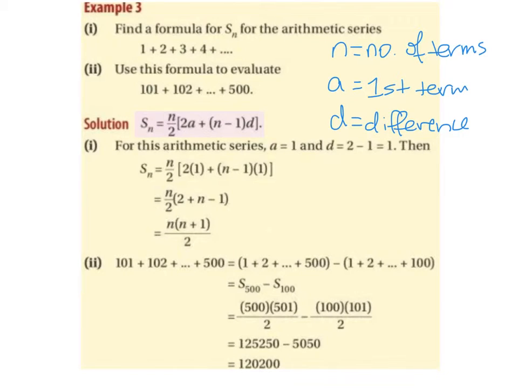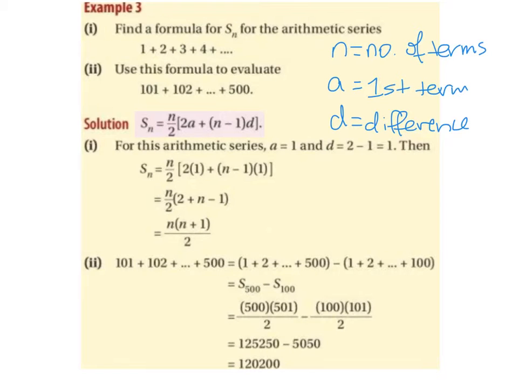And n over 2 multiplied by this, well, the n is going to go into the numerator and the 2 stays as the denominator. And whatever we have inside our brackets goes into our numerator as well. So 2 minus 1 is 1, and then we just bring down the n. So here we have a general rule or a general formula known as Sn for this arithmetic series.